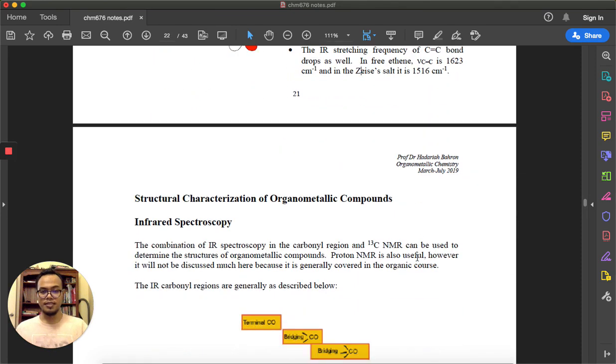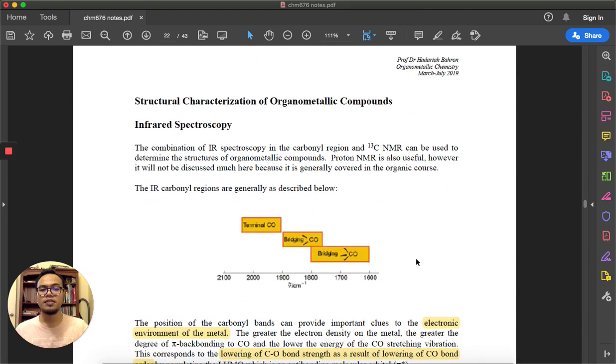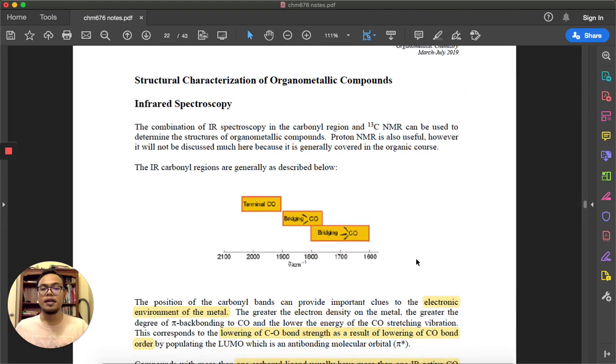Now, structural characterization of organometallic compounds. Again, this is on IR spectroscopy. There are three main characterizations that we can carry out in order to characterize your organometallic compounds. It can be done through IR, infrared spectroscopy, or carbon-13 NMR spectroscopy, or proton NMR spectroscopy.